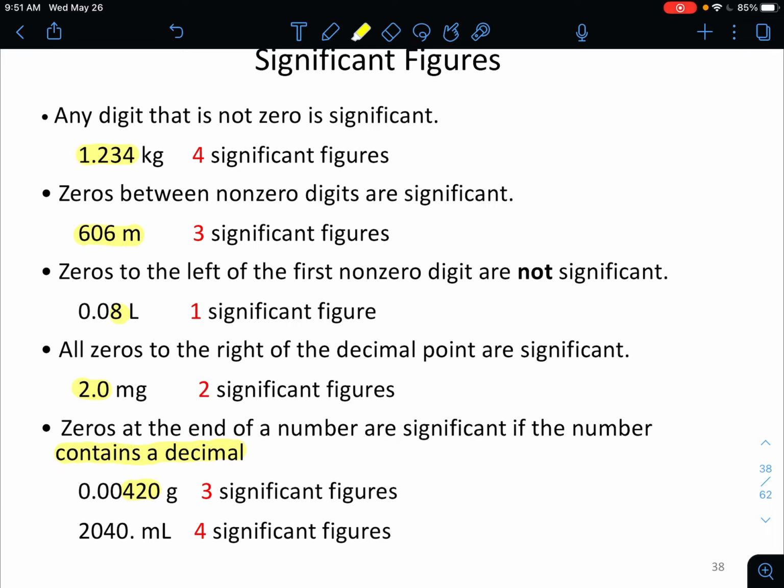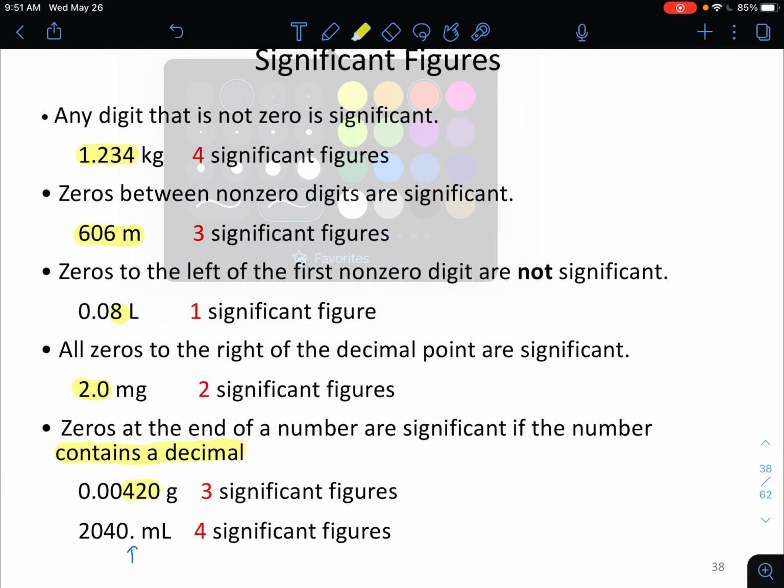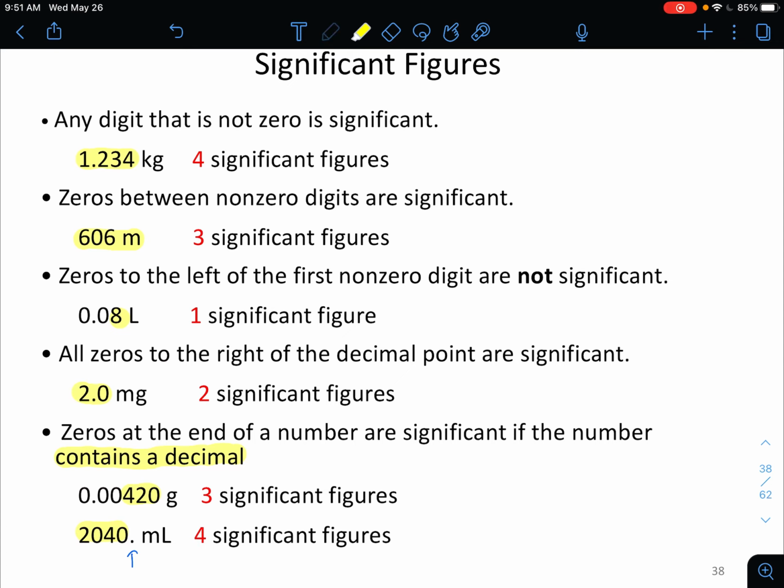Then the last example, this is pretty different from what we usually see, but notice that there's a decimal point right after the 0 in the 1's place, and that's what I need to do in order to indicate that the 0 in the 1's place counts as significant.